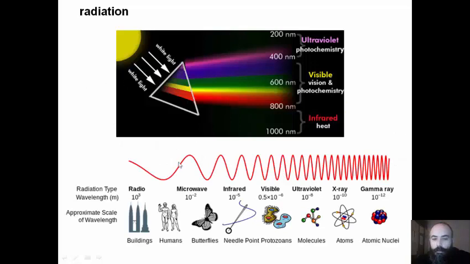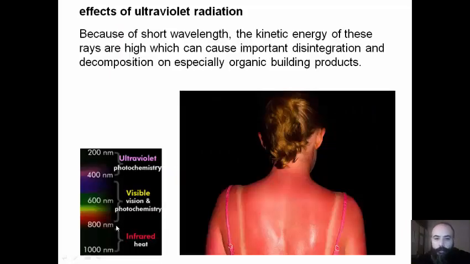According to the wavelength, ultraviolet radiation with shorter wavelength is like the molecules. Visible light is like protozoans, and infrared wavelength is like the needle point, or we have microwave or radio waves, like buildings and humans.